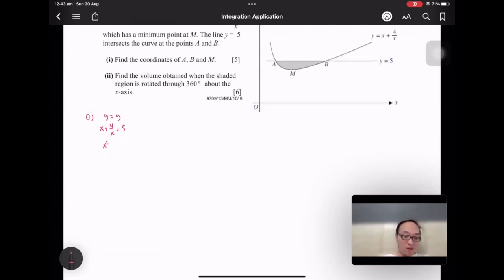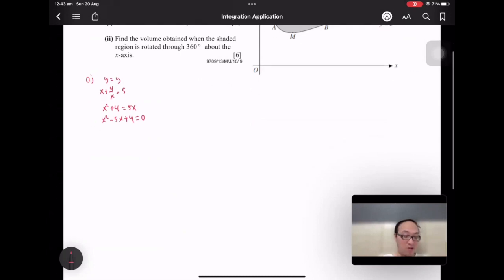So x squared plus 4 equals to 5x. x squared minus 5x plus 4 equals to 0. So x minus 4, x minus 1. x equals to 4, x equals to 1.